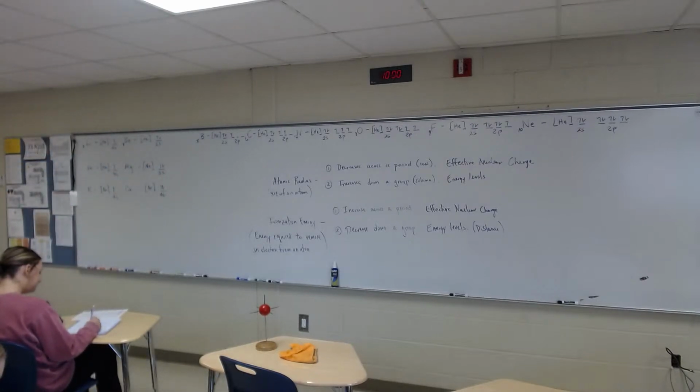Okay? Question about that right quick? All right. This is for me right quick. Look at your periodic table. Figure out which atom would be the smallest and which would be the largest.